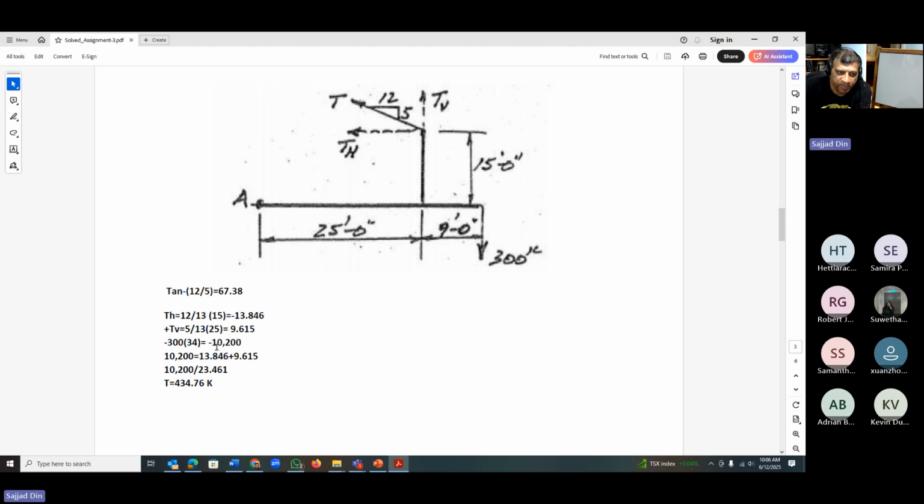Remember, this is minus because 300 is in a clockwise direction around A. TV times 25 is positive. TH times 15 is positive. And the sum of all of these should be 0.